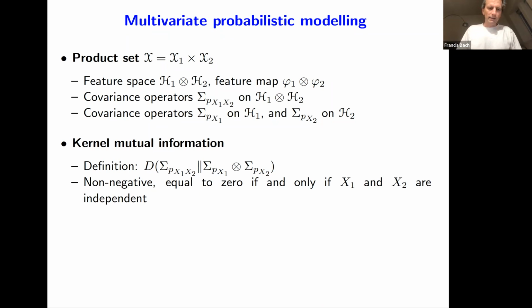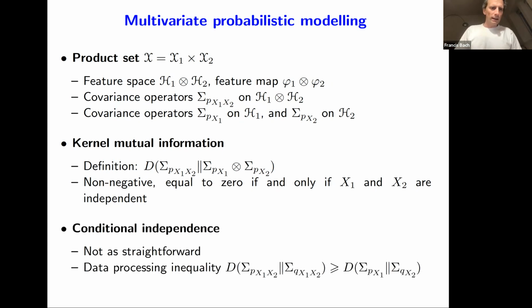It turns out that this is non-negative by construction, and it characterizes independence. So this is 0 if and only if x1 and x2 are independent. This extends to more than 2. And this was not true if you take the concatenation and not the tensor product. This is true now, which is a nice property.